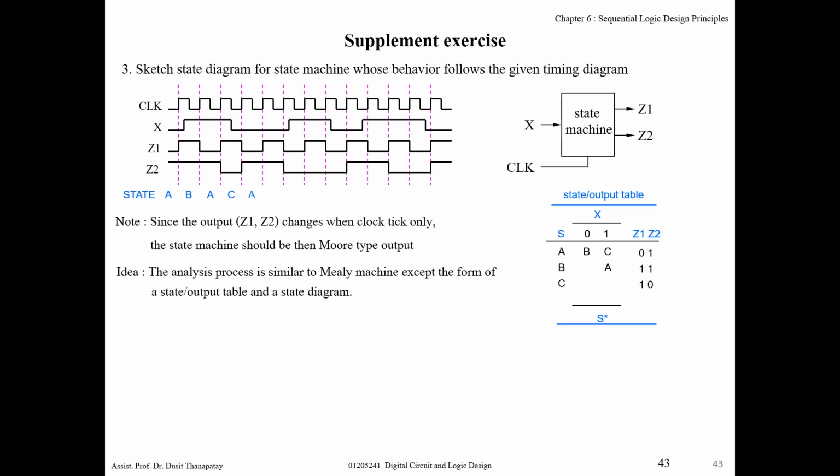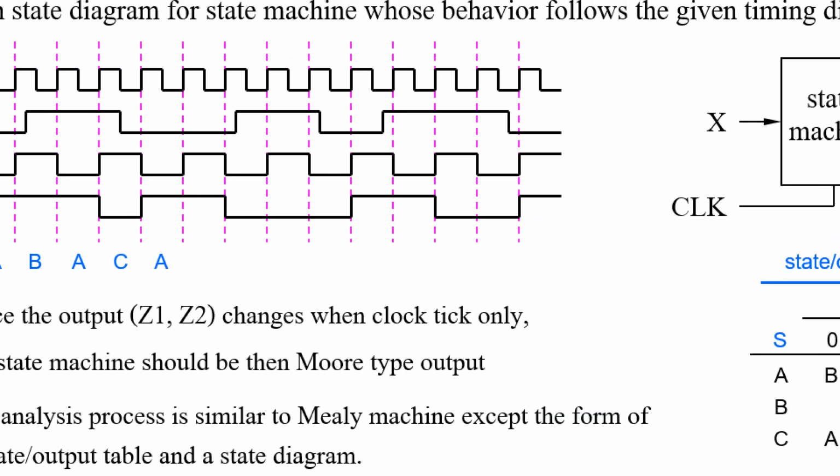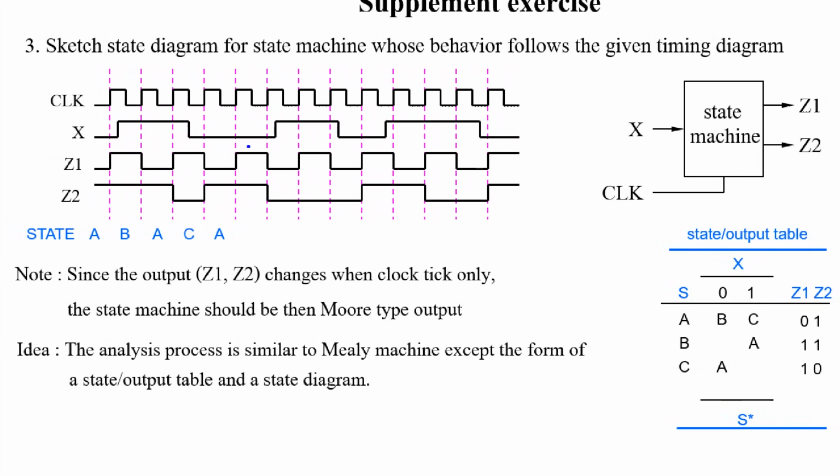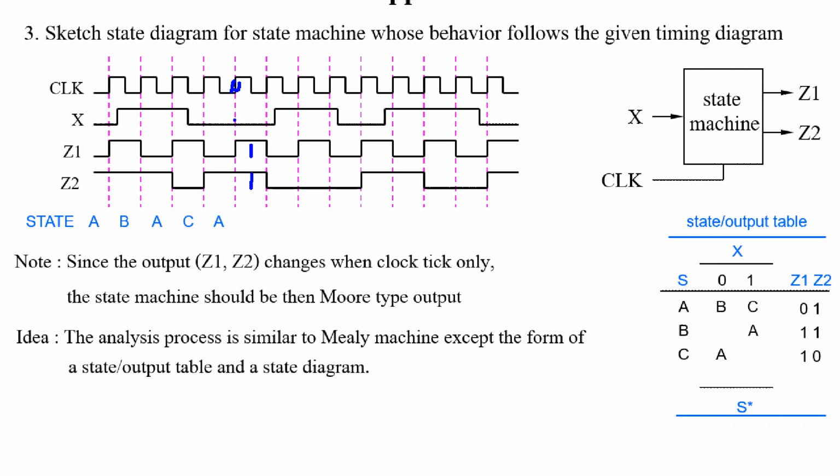C goes to A. And then what else? When clock ticks here, output is 1 1. When X is 0, go to B. Okay, B here. Clock tick here, output is 0 0.